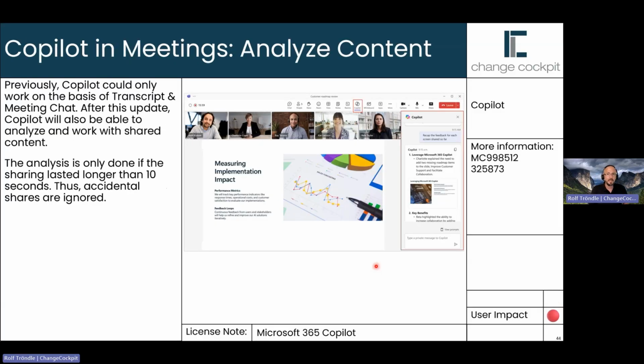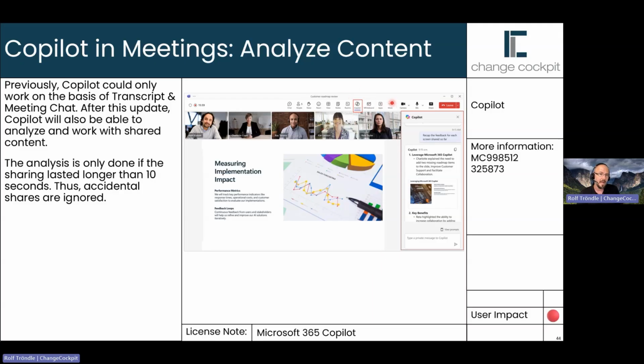Then Copilot in meetings is now able to analyze meeting content. So if you share content for more than 10 seconds, that's just to be sure that you don't accidentally share any, let's say, confidential content. Let's say you accidentally share the salary list of your company, and you see, oh, I shouldn't do that, and you stop the sharing within 10 seconds, and Copilot won't analyze this content. So Copilot has the sources within the meeting.